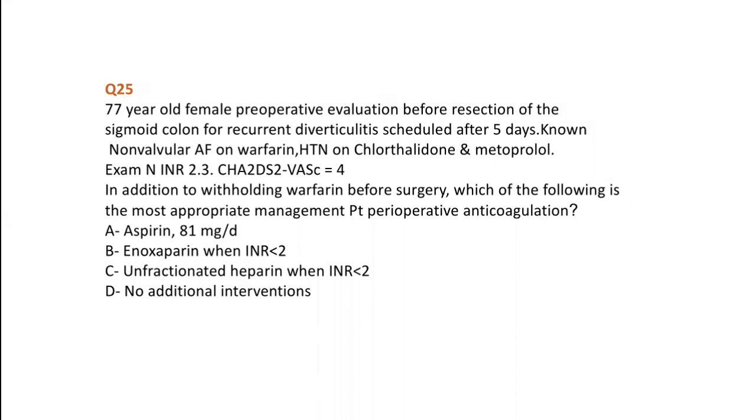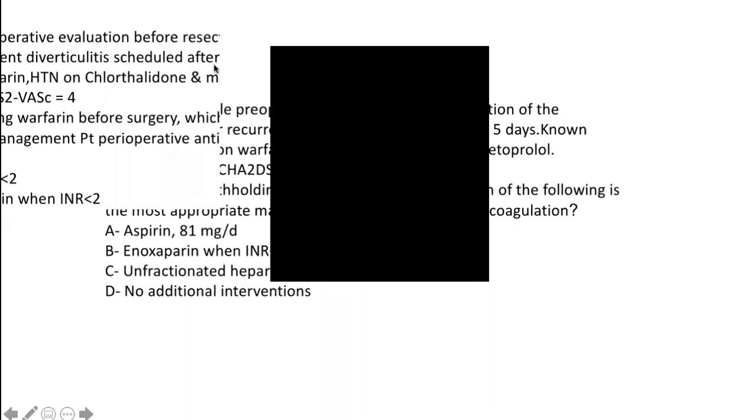So basically, atrial fibrillation patients going for surgery. Do you anticoagulate preoperatively, or what do you do during the period of the surgery? I'm going with D, no additional intervention.